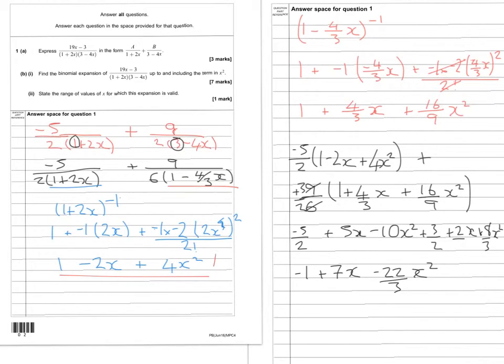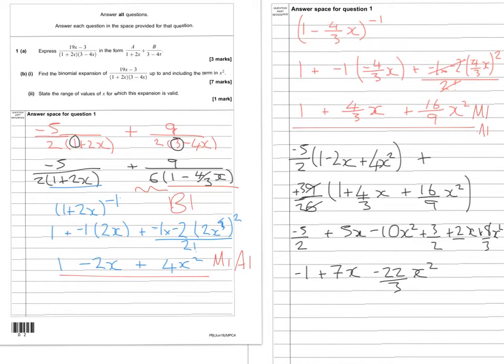You get an M1 and an A1 for that. You get M1, A1 for that. You get B1 basically for getting that 6, for knowing that it's a common factor of 3 that you take out and it goes on the bottom.